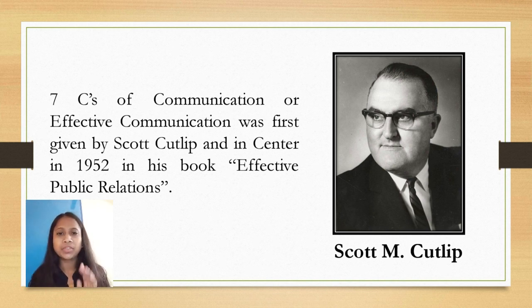So, students, if this question comes in your exams, that describe, define, elaborate 7 C's of communication or effective communication, you don't need to get confused here, because 7 C's of communication and effective communication are one and the same thing. These 7 C's were given by Scott M. Cutlip in his book Effective Public Relations, which was published in the year 1952.